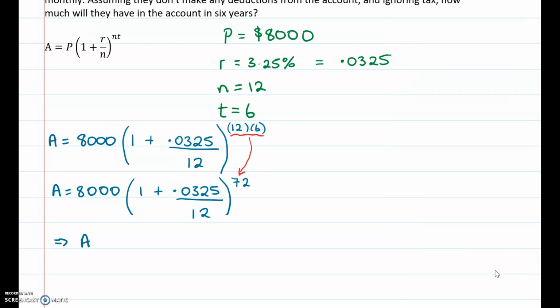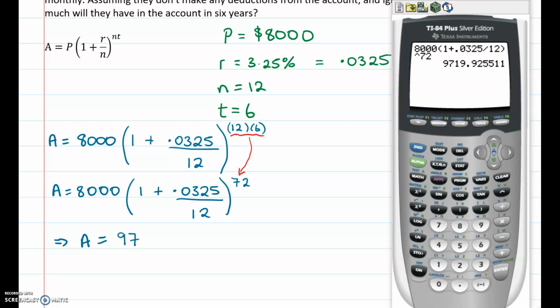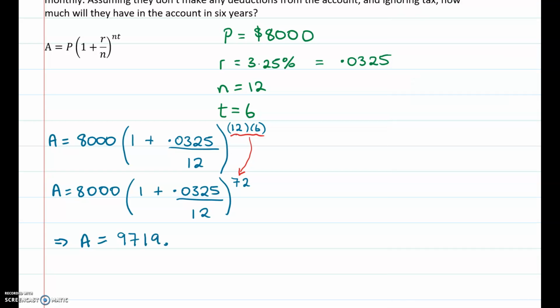And you get, oh, we've lost it. I think it was 9,700 and something, 9,719.925. Now, since we're dealing with money, you're going to sometimes be asked to round this off to the nearest cent.